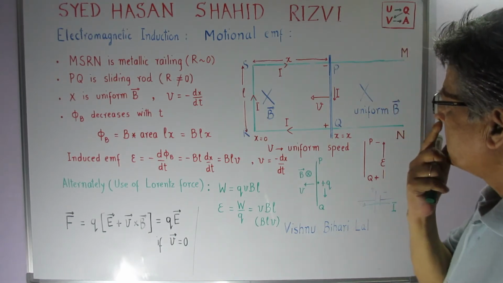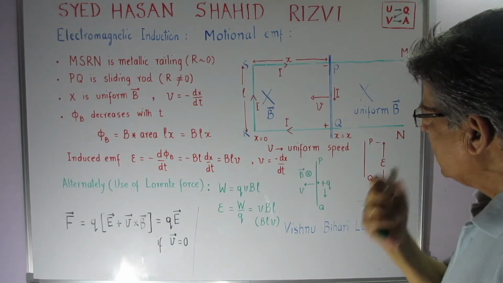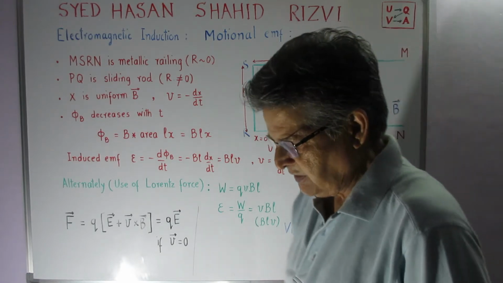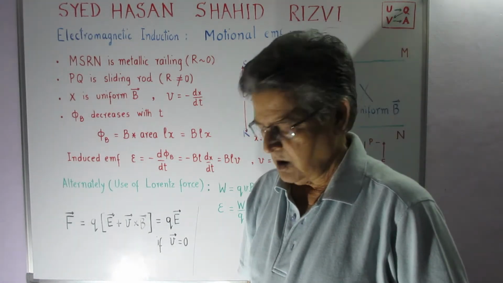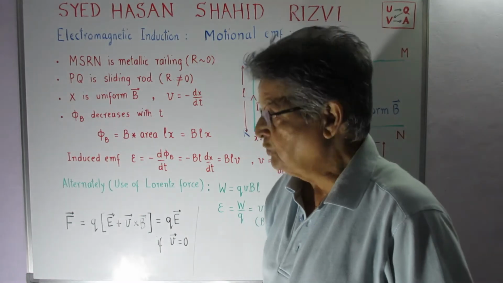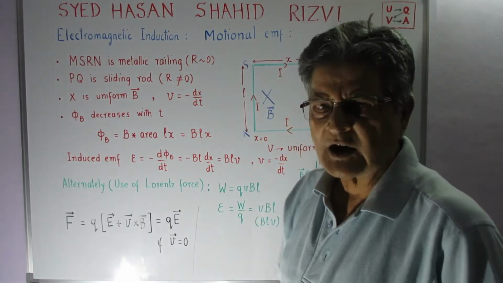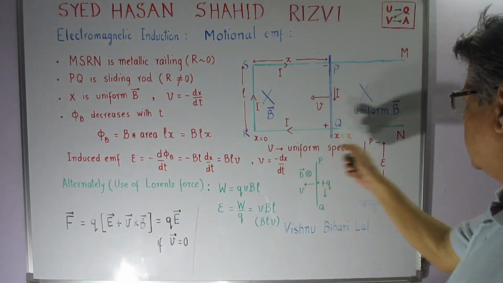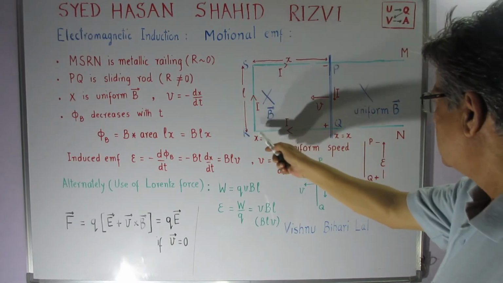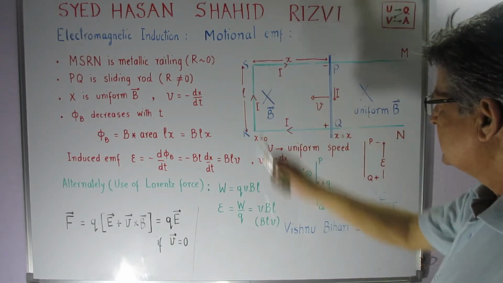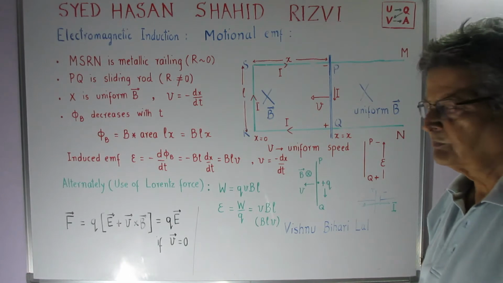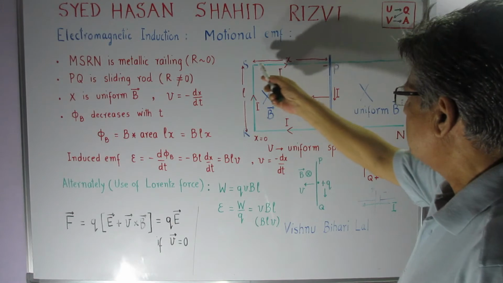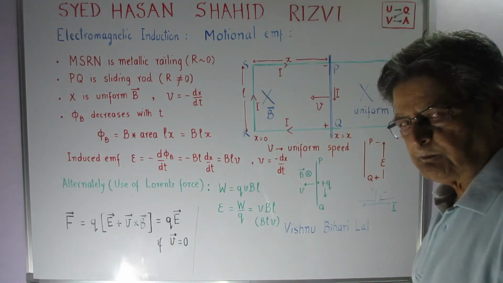Well, we'll talk about a new mode of changing the flux due to the magnetic field, and the arrangement is very simple. We have the green lines as they show M, S, R, N. This is a metallic railing made up of such material that the resistance per unit length is negligibly small.